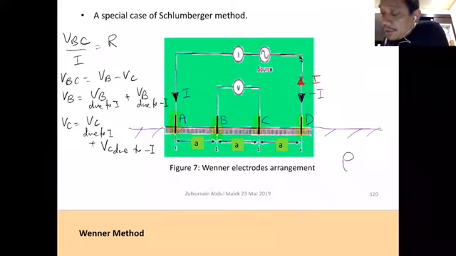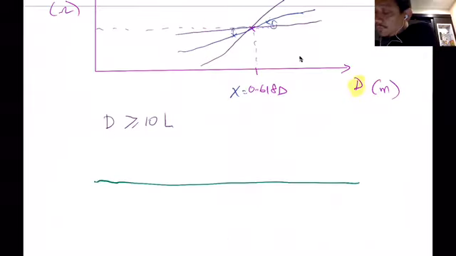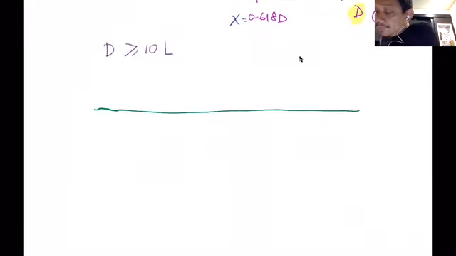Give me the equation for VB due to I. Equal to what? From your previous understanding. If you have a current going here, you have a resistance to 0.